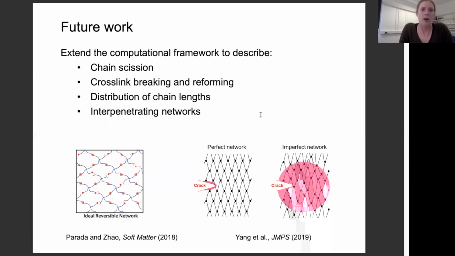I think it would be possible to also describe crosslink breaking and reforming. Of course, we can easily describe polydispersity in the computational model, and it might be possible also to look at interpenetrating networks. And these are all left for future work.